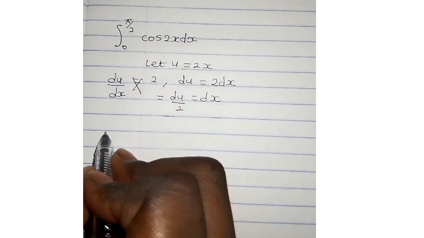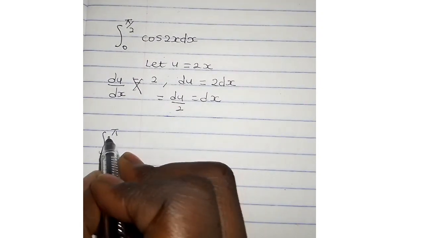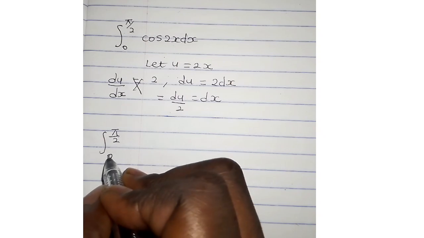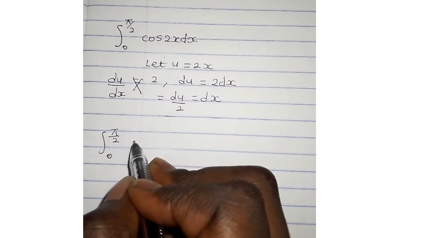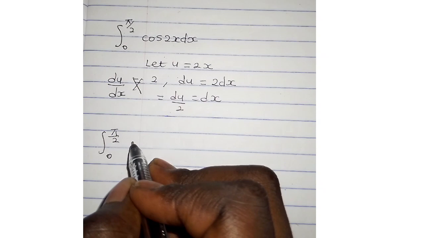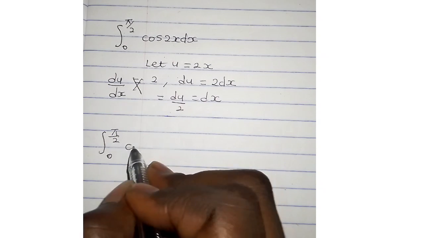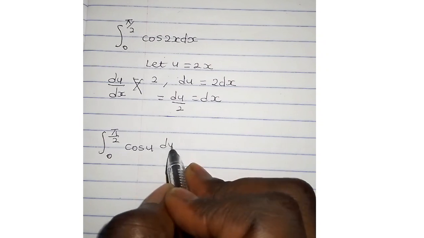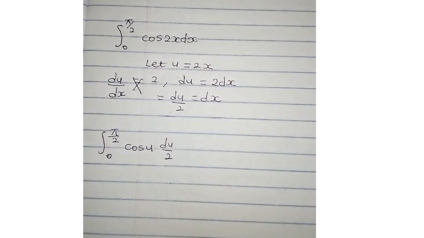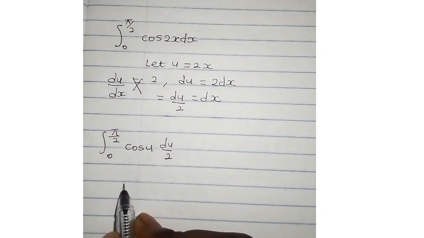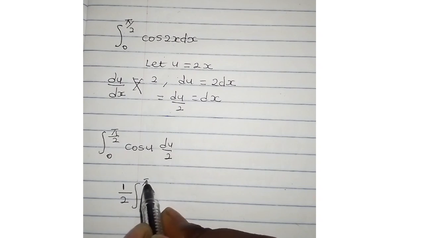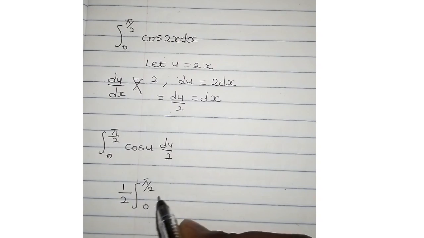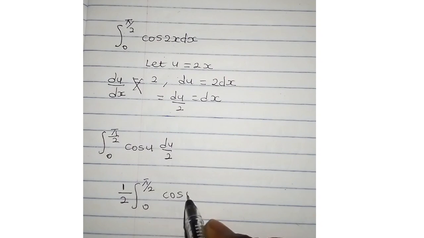So we have the integral from 0 to pi over 2. In place of 2x we put u, so it becomes cos u. In place of dx we put du over 2. So this becomes 1 over 2 integral from 0 to pi over 2 of cos u du.